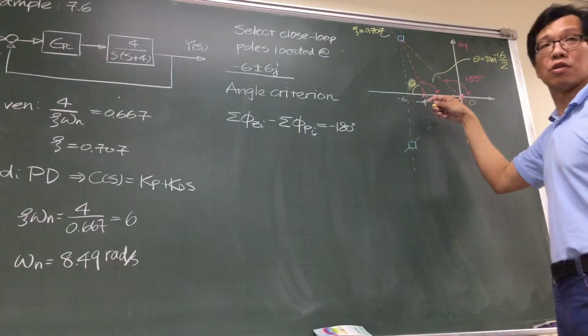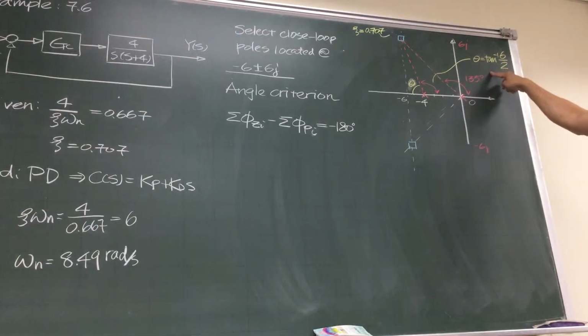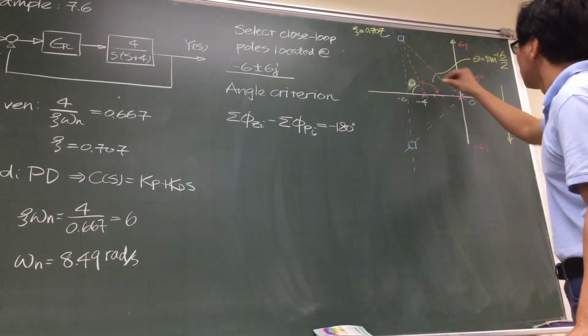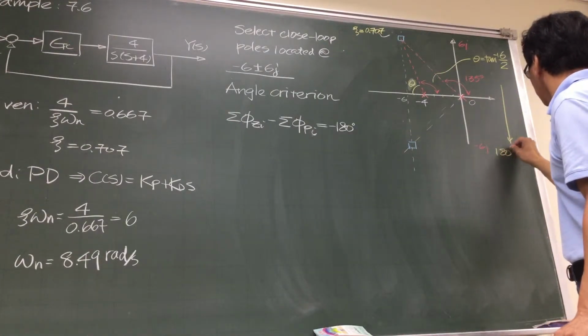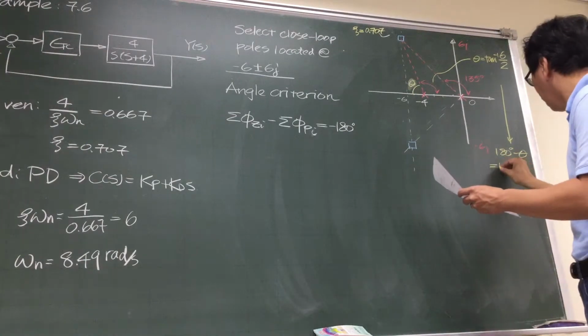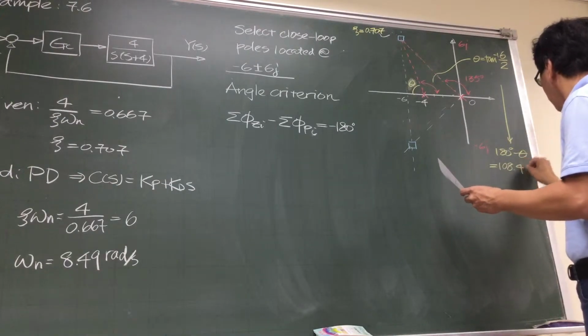This is a triangular relationship. I know this is 2, I know this is 6. So theta is arctangent of 6/2, which is 70 something degrees. So this angle over here is going to be 180 degrees minus theta, and that gives me 108.4 degrees.